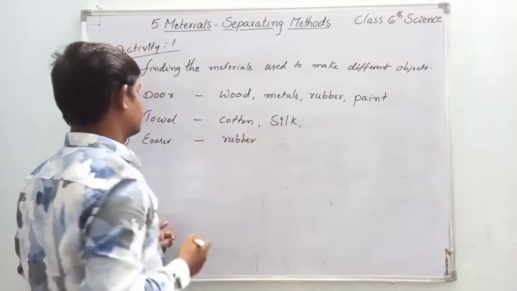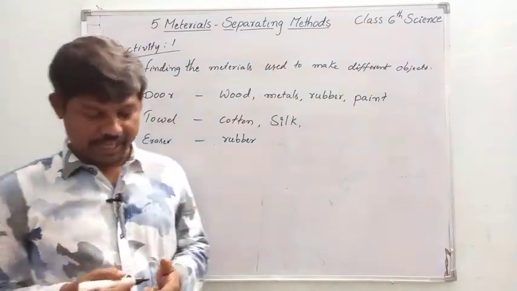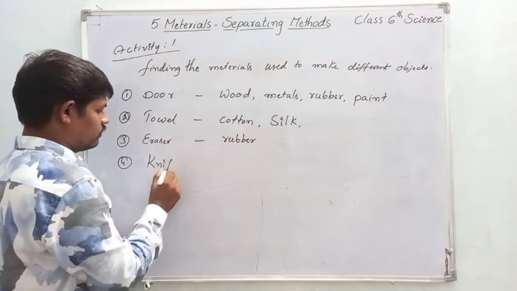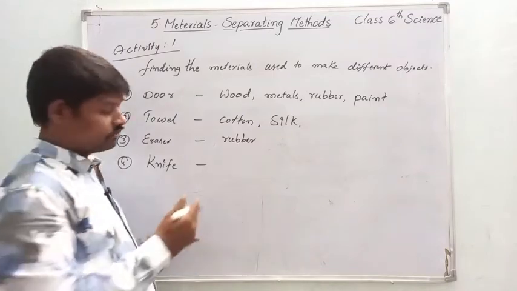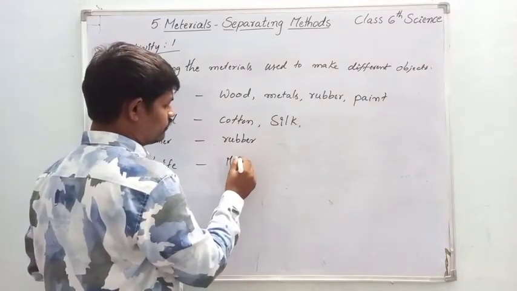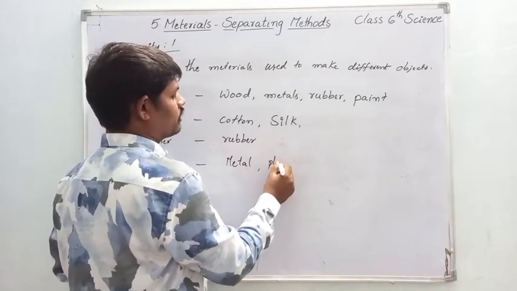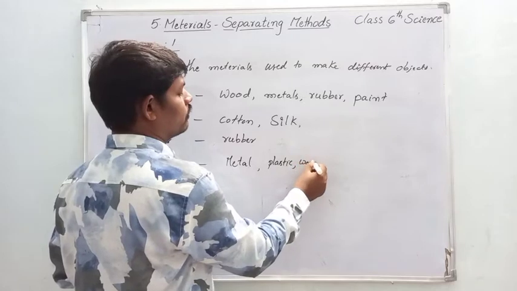Using rubber. And fourth one, knife, kitchen knife. It is made up of metal. The handle may be wood or plastic. You can use a plastic handle or wood.